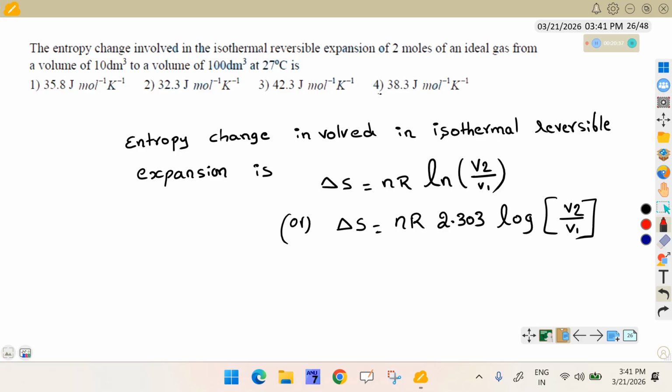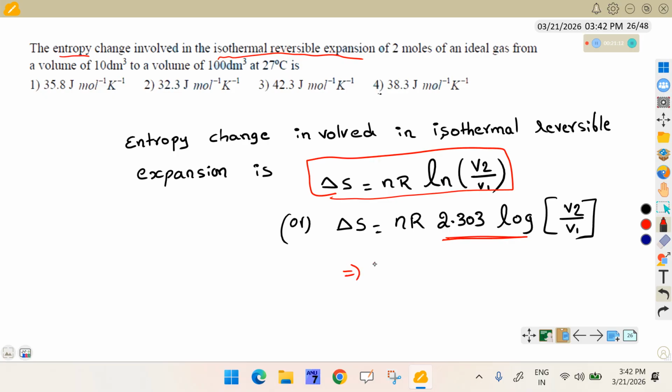Entropy change involved in the isothermal reversible expansion of 2 moles of an ideal gas from a volume of 10 dm cube to a volume of 100 dm cube at 27 degrees Celsius is. For isothermal reversible expansion, entropy is calculated by using the formula delta S is equals to nR ln V2 by V1. We take ln is equals to 2.303 log.